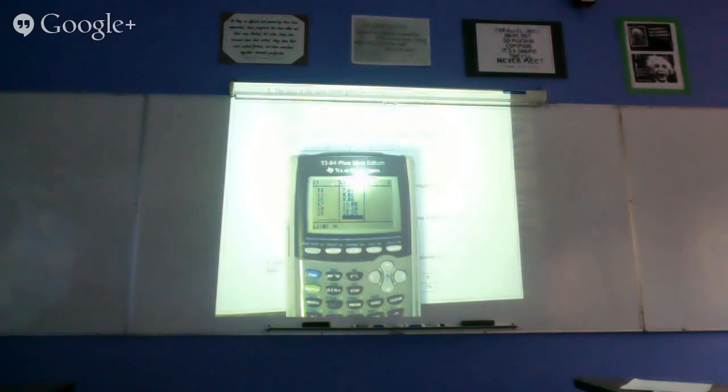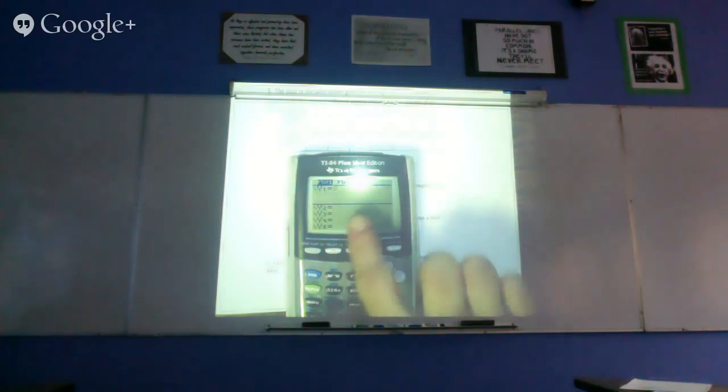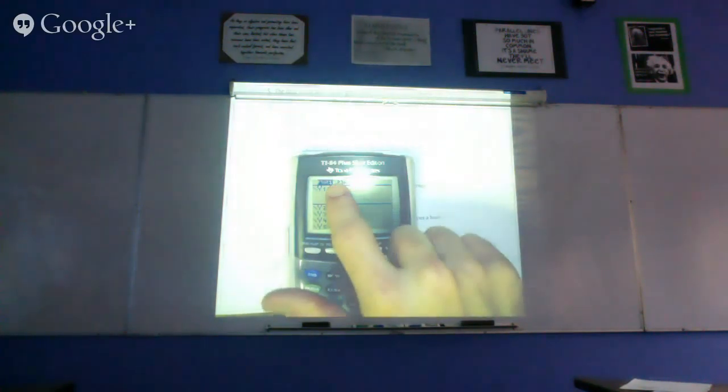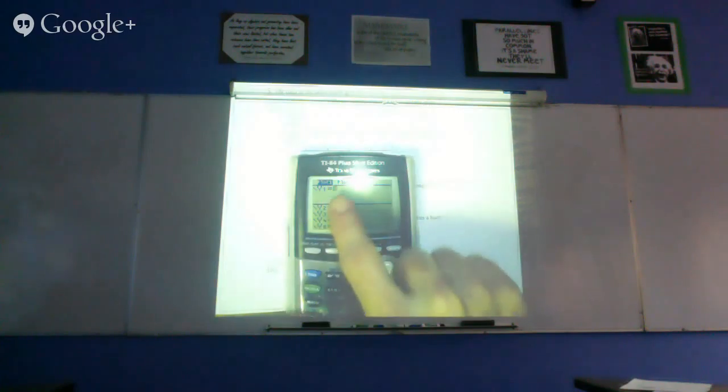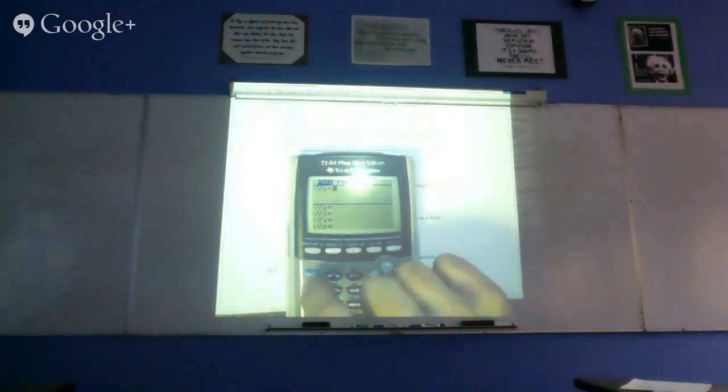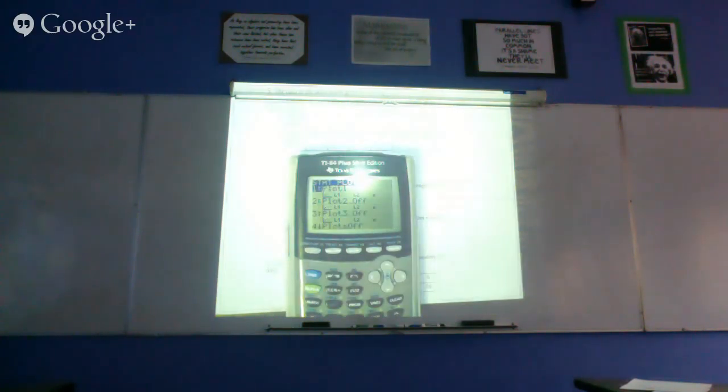First thing I need to do is go to your y equals. The last problem is still in there because you never took it out. Get it out of there. Now, unless you've been messing around with your stat plots, your scatter plots, that is not going to be turned on. It's a shortcut once we get it, but hit second y equals, the stat plot. We got to set our stat plots up.